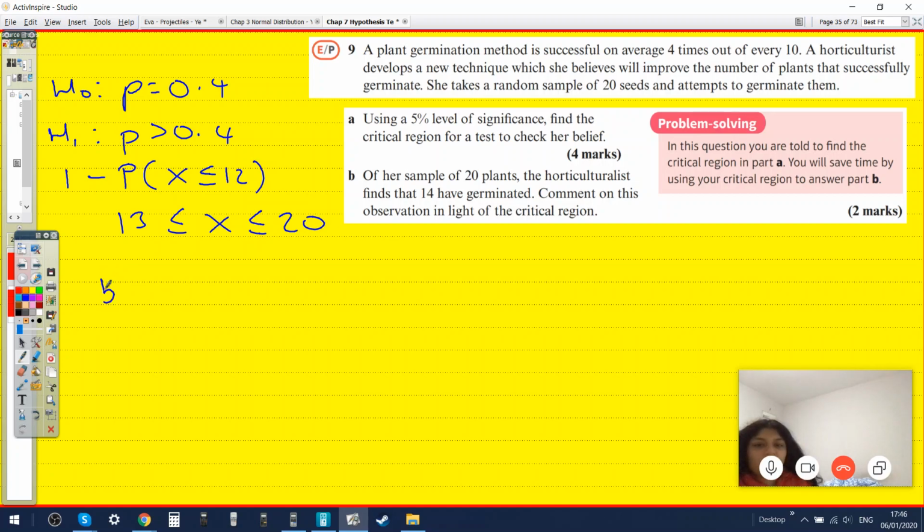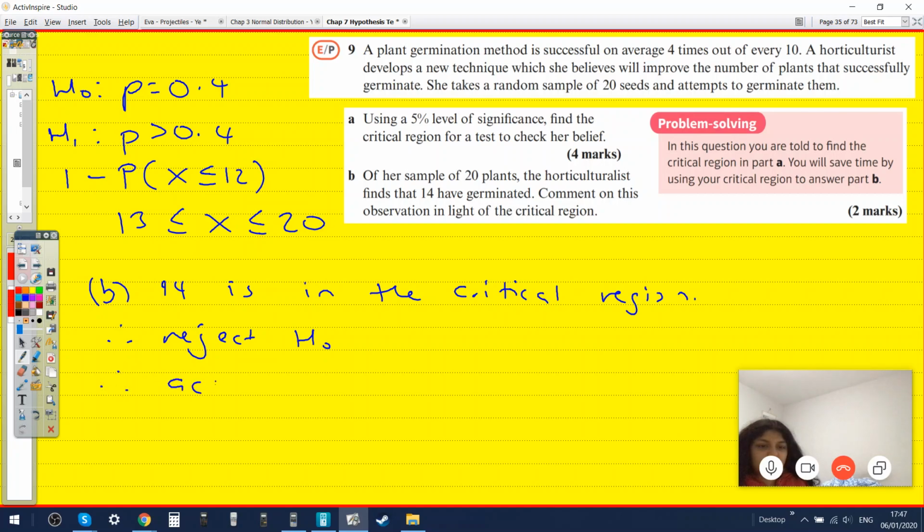Okay, and then part B. It's in the critical region, so you reject the null hypothesis. Correct. The critical region, therefore reject the null hypothesis and accept the alternate hypothesis.